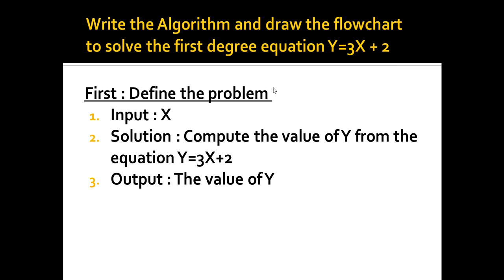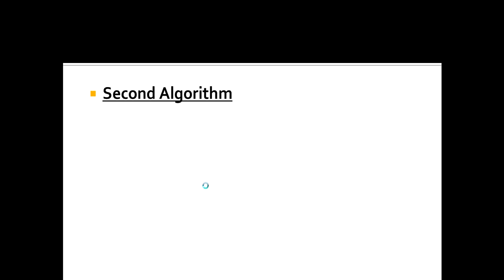So here we're having the input, inputting the value of x. The solution will be processing the equation by substituting with the value of x and calculating y. Finally, we're having the outcome or the output, the value of y. Second, the algorithm.